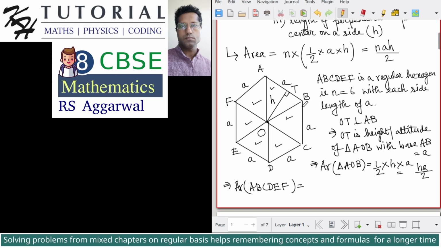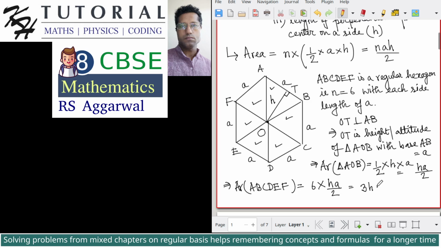So for a regular polygon of n sides, if you connect the center of the polygon with all the vertices, there will be n triangles formed. So for this regular hexagon, the total area will be 6 times the area of each such triangle, which is HA by 2. So this is 3HA.